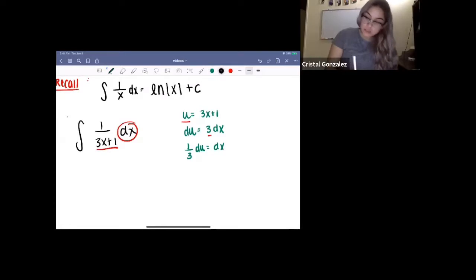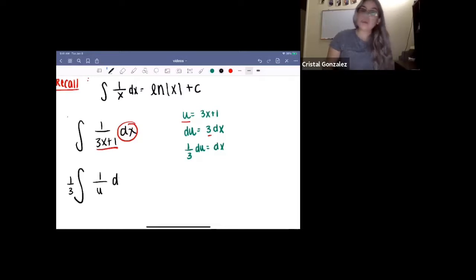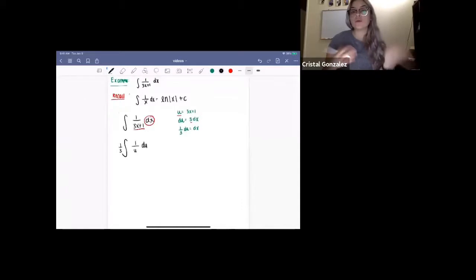So let's go ahead and replace it. This is going to be 1 over 3 times the integral of 1 over u du. And now we can easily see that the integral of 1 over u du is indeed the natural log of u.